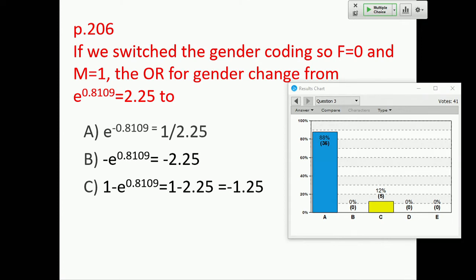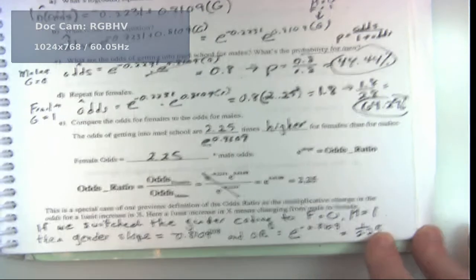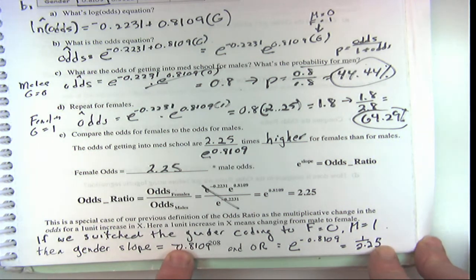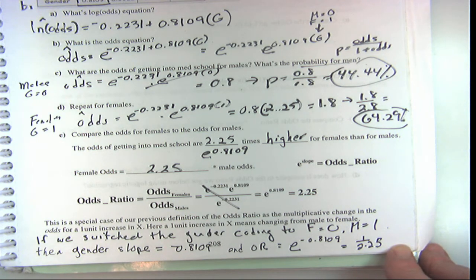All right, so let's go to the document camera, and you can write that down. If we switch the gender coding, then the gender slope would be negative. As we went from 0 to 1, males are being discriminated against, it looks like. But remember, maybe they're not being discriminated against. Maybe females are just better qualified. That's what we're going to check next.